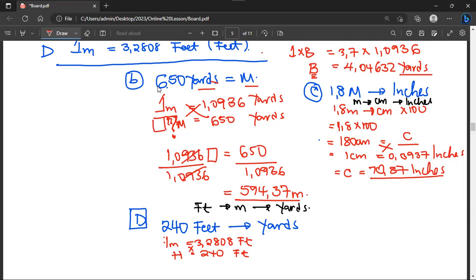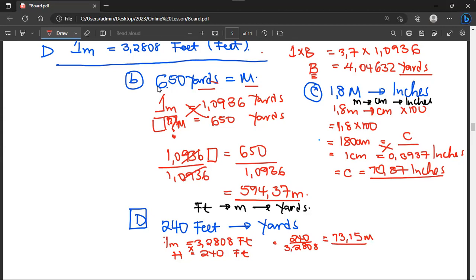My friend, whenever you multiply a number with a letter, in your head just know that you're going to divide. We are going to divide 240 by the number that we have, which is 73, these are meters now.